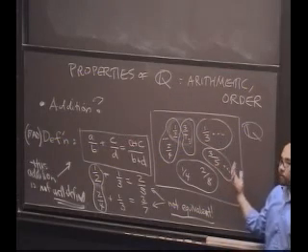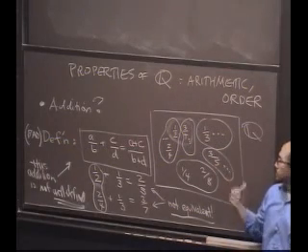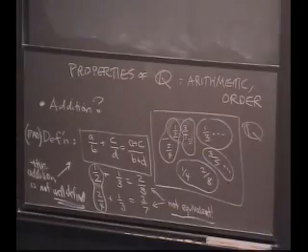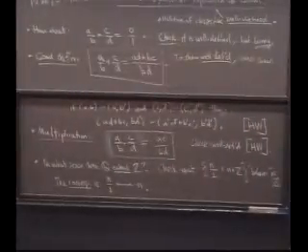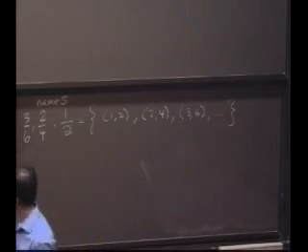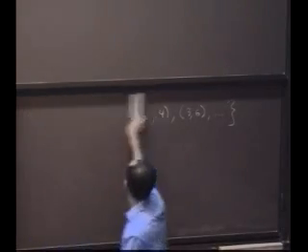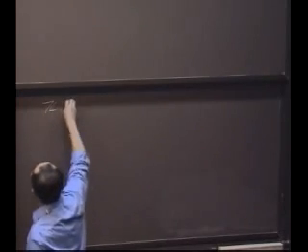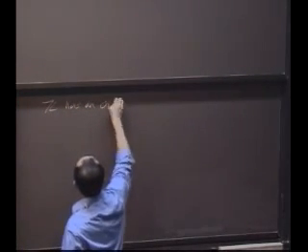Now what? Well, I have this thing Q that extends the integers, but the integers also have another property. What's another feature of the integers? Yeah, there's an ordering of the integers. So Z has an order.